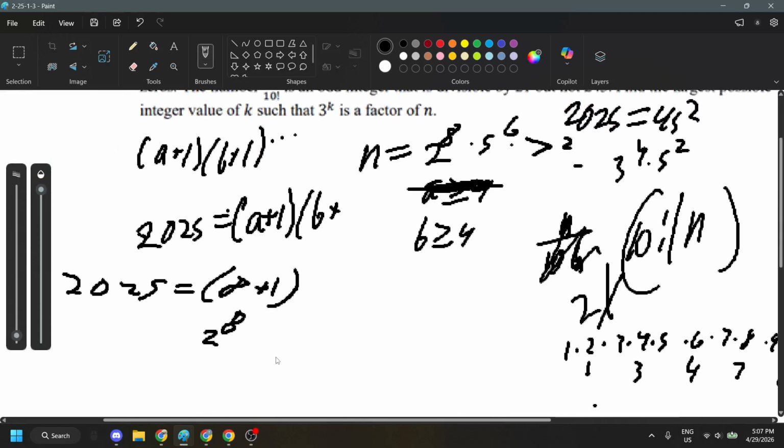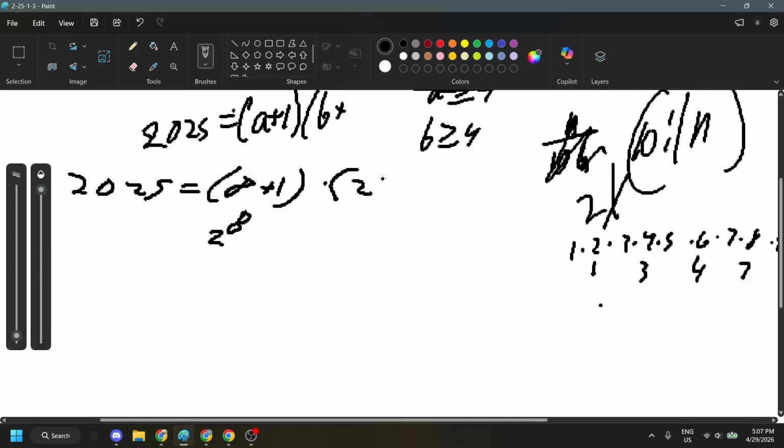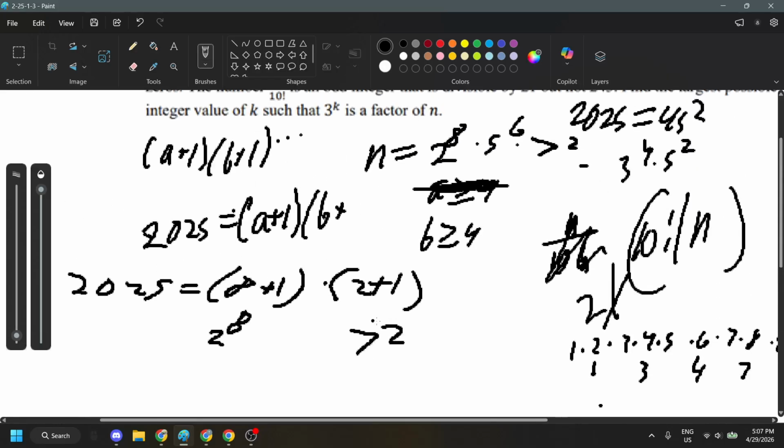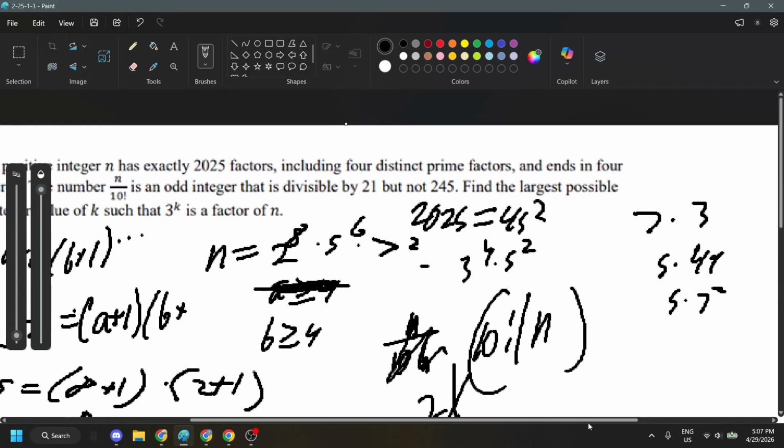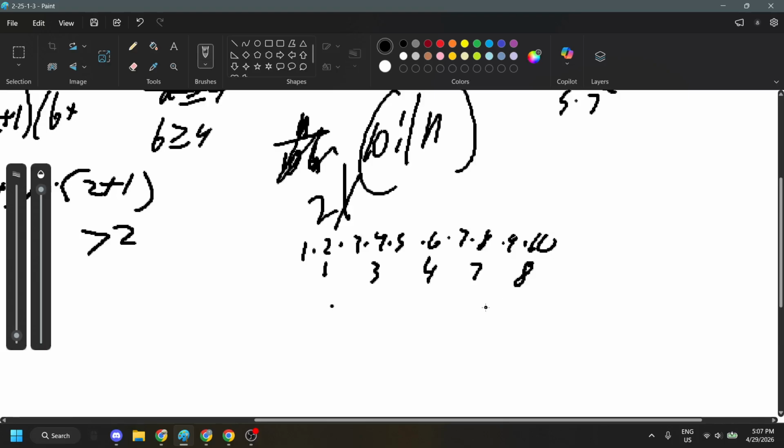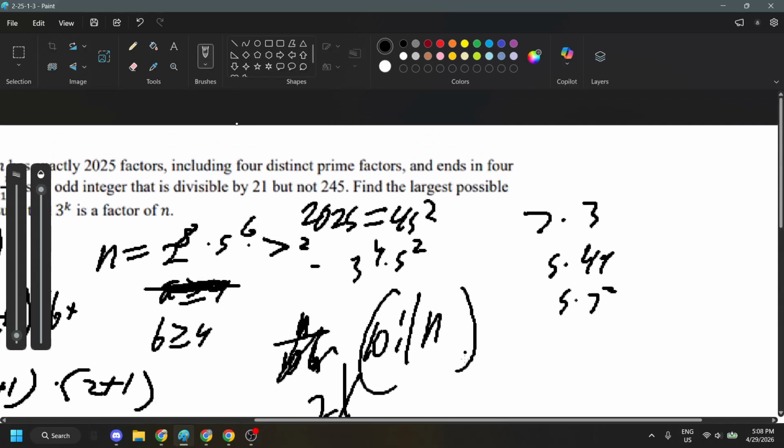So 7 to the 2 times 2 plus 1. So right now we have 9, we have another 3 and 2 more 5s. Here we also have our other thing is 5, and then we have 3. So if it's divisible by, oh shoot. Shoot, that might not be correct, because the 5 could cancel it out, we don't know.